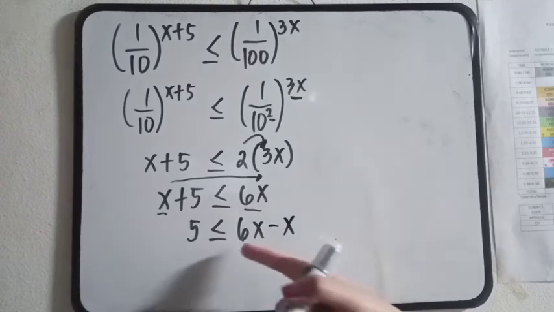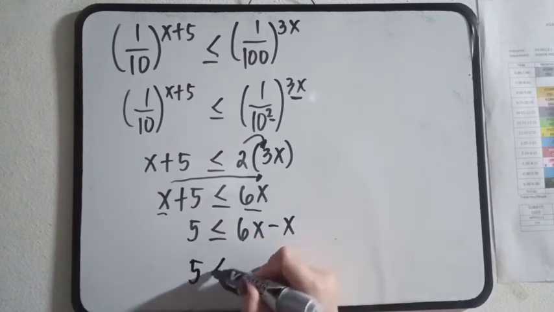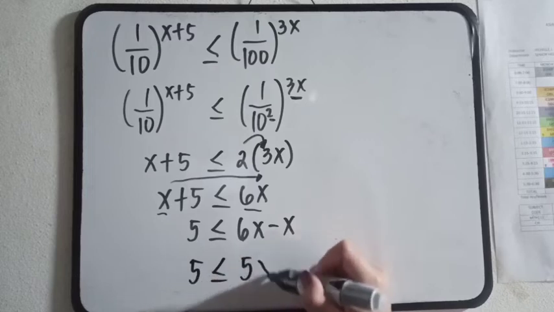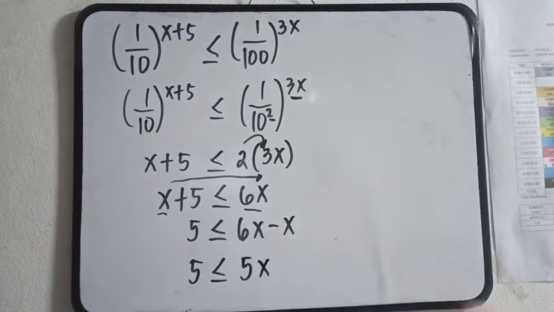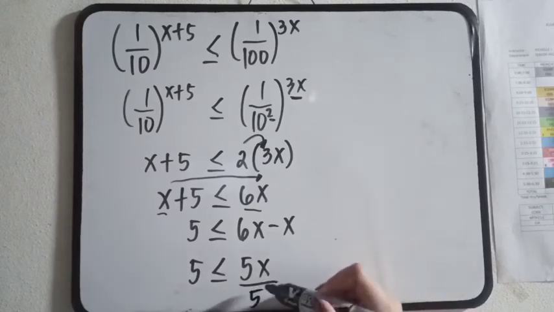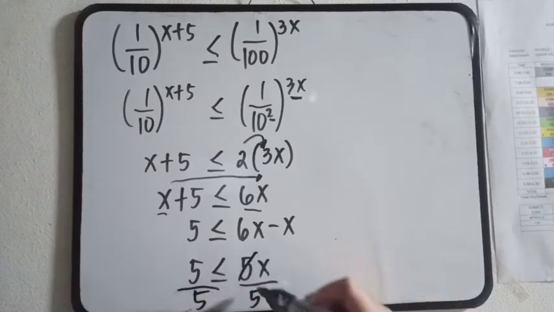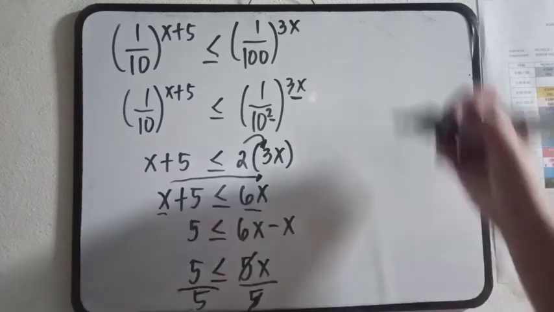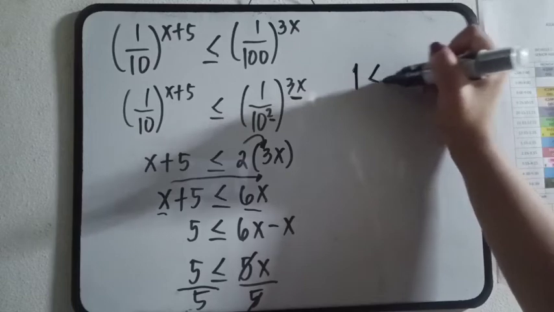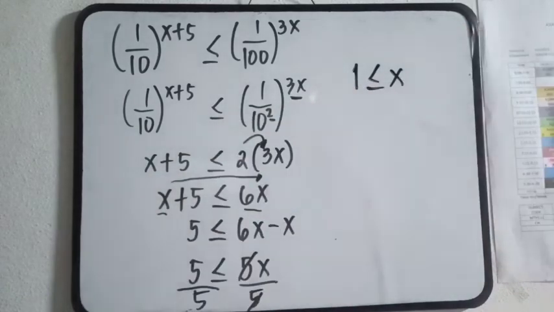Okay. So, 6x minus x is 5x. Then, divide natin both sides by 5, para makancel. So, ang matitira is 5 divided by 5 is 1. So, 1 is less than or equal to x.